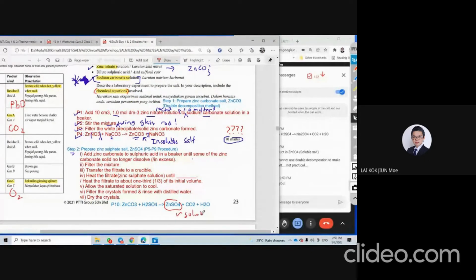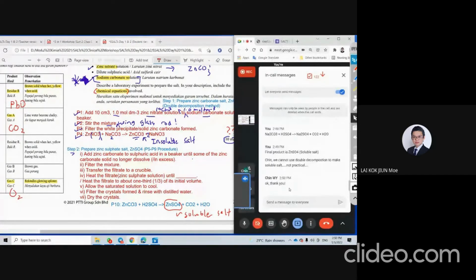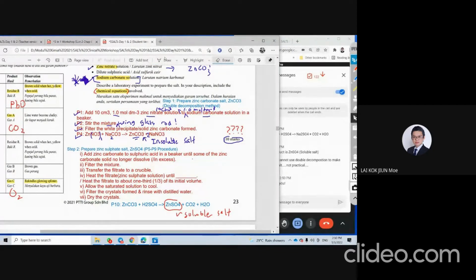So when you want to make a soluble salt, the only methods are titration or metal plus acid. You remember, to produce a spar salt, you use titration. To produce a non-spar salt, you use metal plus acid. So all these are based on your syllabus, you just follow.